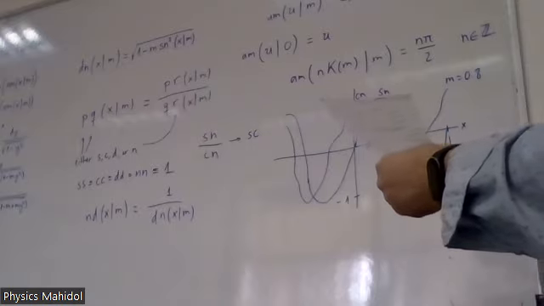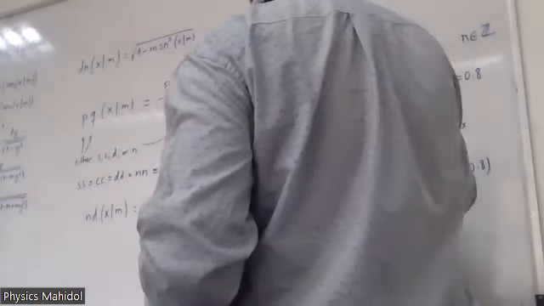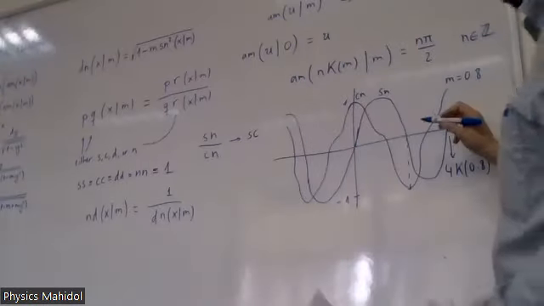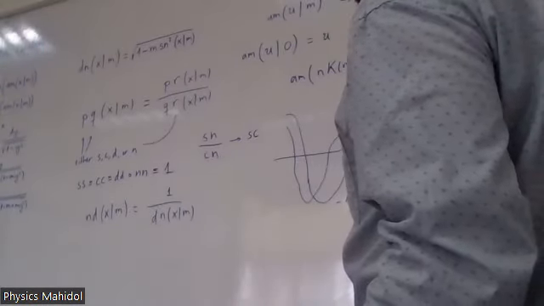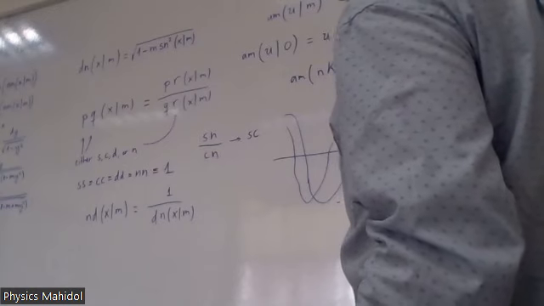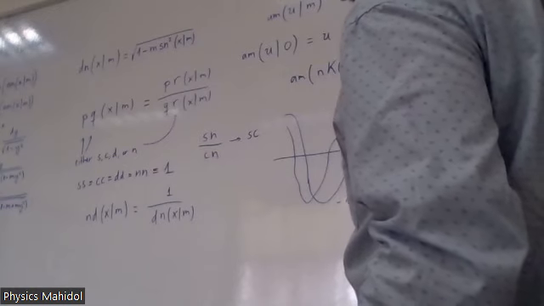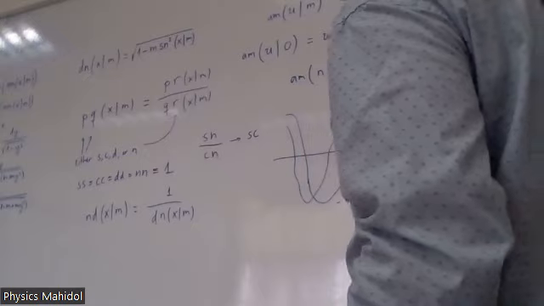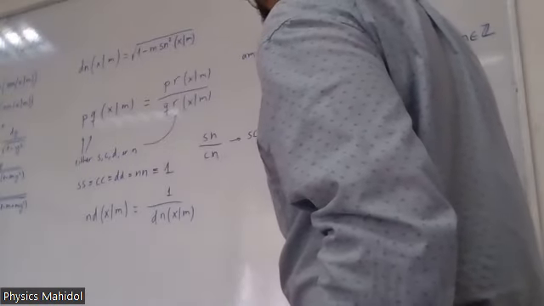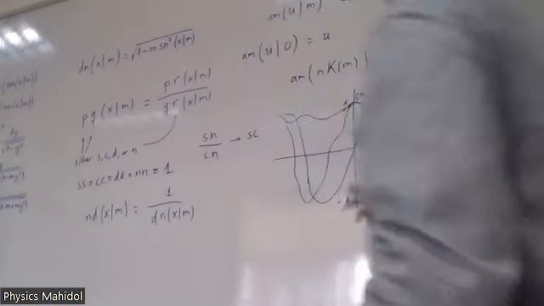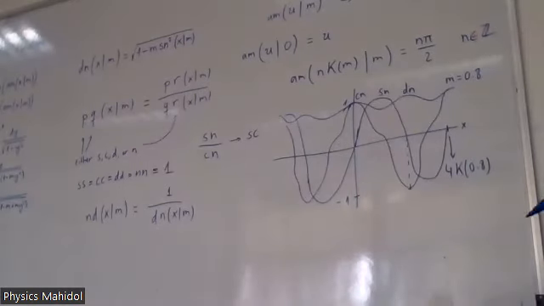The dn actually has double the period. It has a maximum here and another maximum here with the same value, and then it's periodic like this. Depending on the value of m, all these things will change.